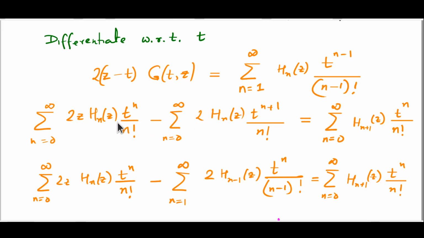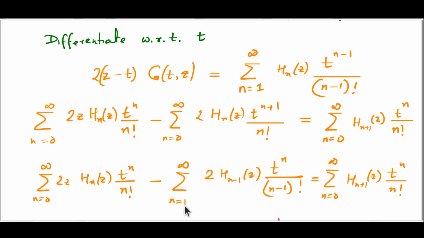Of course, this term needs no work. This one, you do need to work on here. n has to rise by 1. So this becomes hn plus 1. This becomes n factorial. And instead of being from 1 to infinity, this series now is from 0 to infinity. You have to also change this t to the n plus 1 to t to the n, which I have done in the next step. So this is what you are going to get.